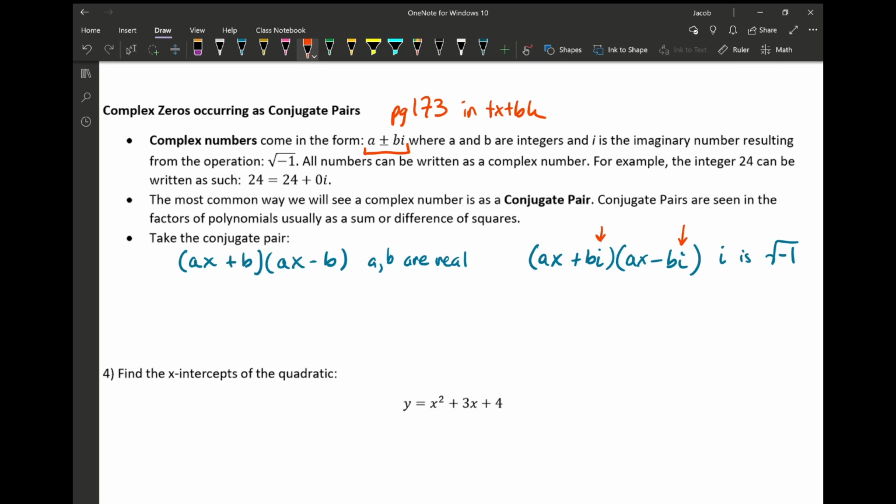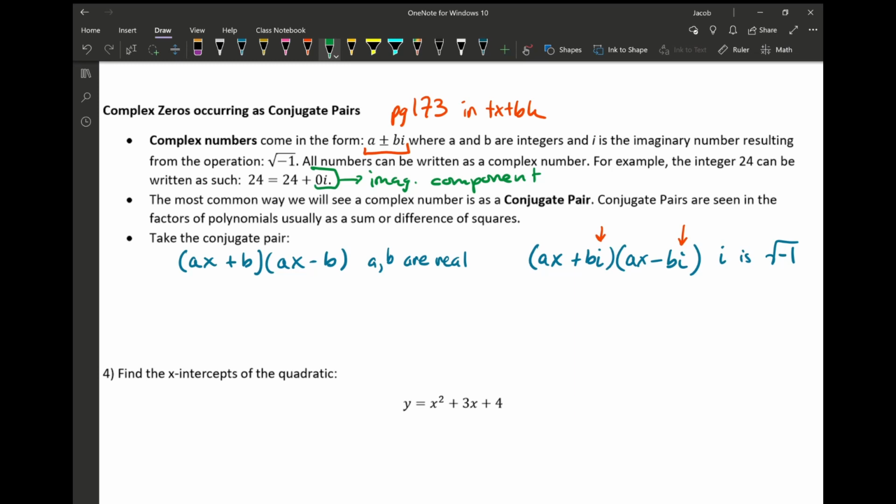Like 24 can just be 24 plus 0 times that imaginary number. So its imaginary component is just 0. And we'll see cases where we have imaginary components that are 0, but we also will have an imaginary component.